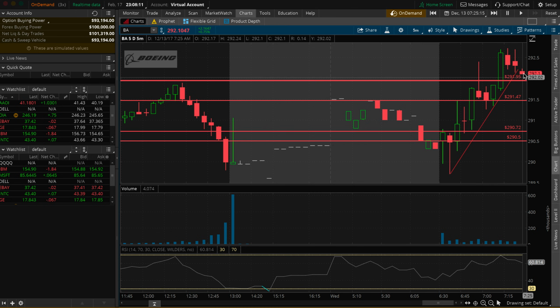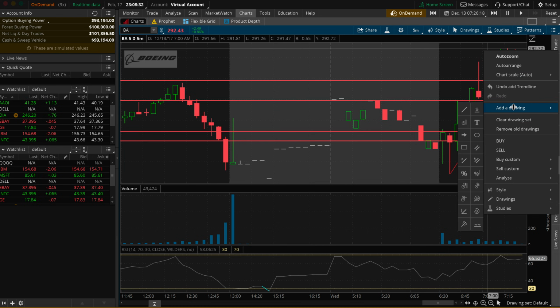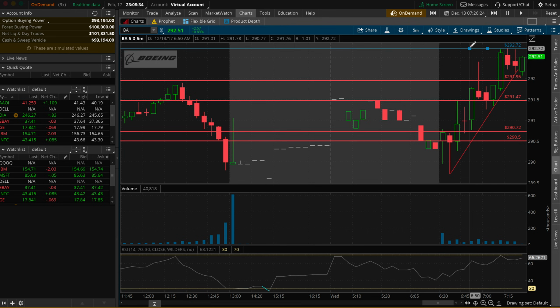So let's see right here. So this just broke our trend line here. So let's see if it hits our support or if it goes up. So we're getting some resistance right here.